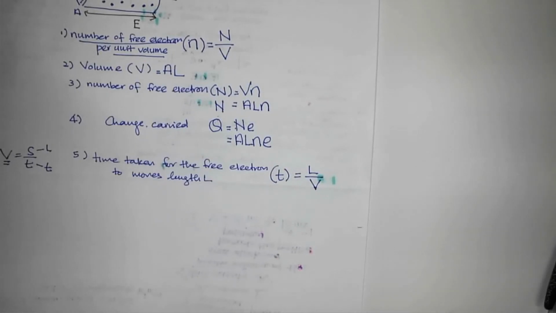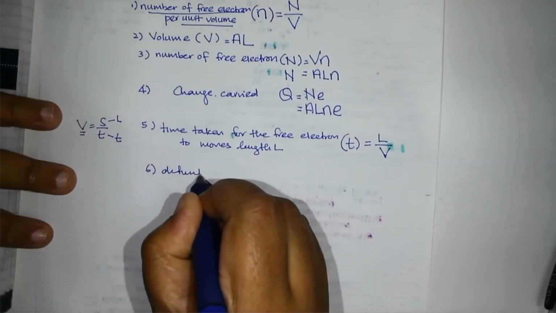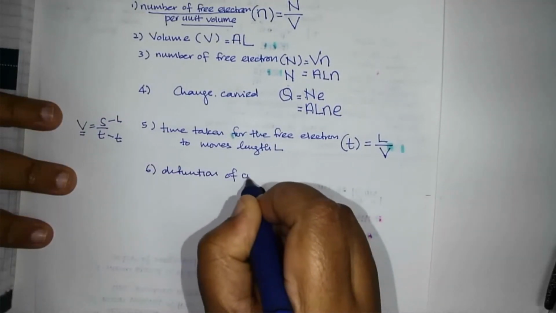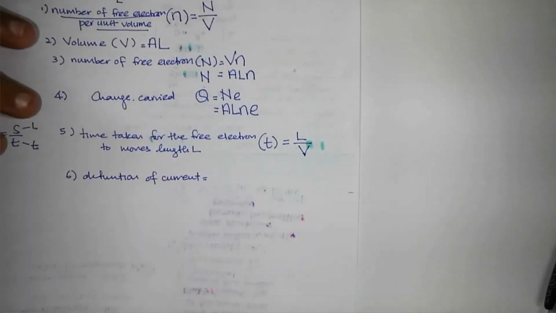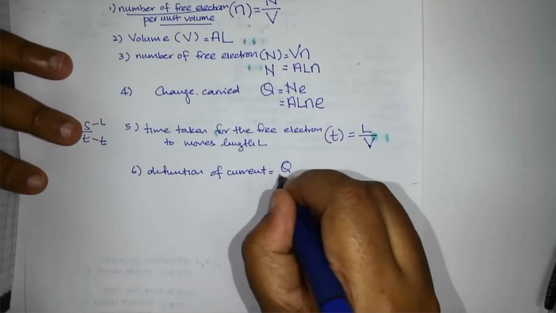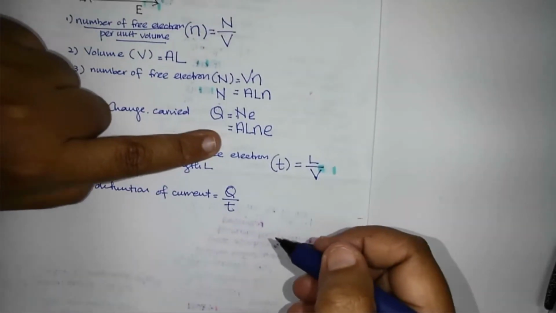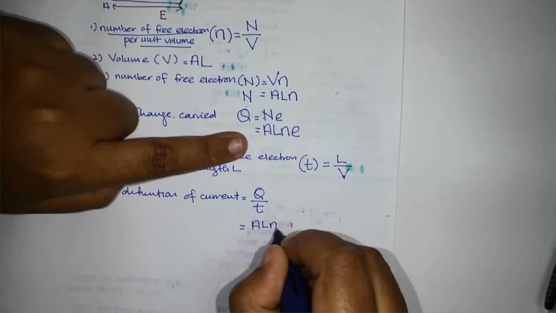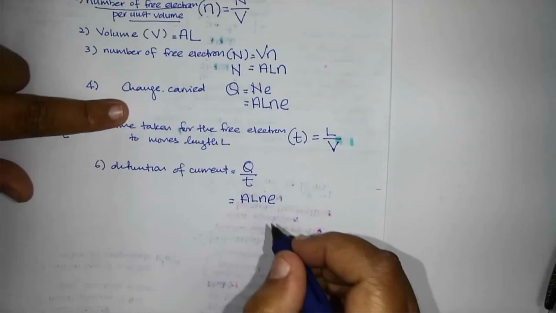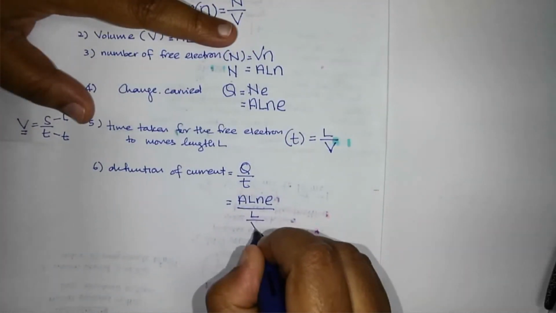So next, from the definition of current, I equals Q over t. Q is from here, which is A L n e, and t comes from number 5, L over v.